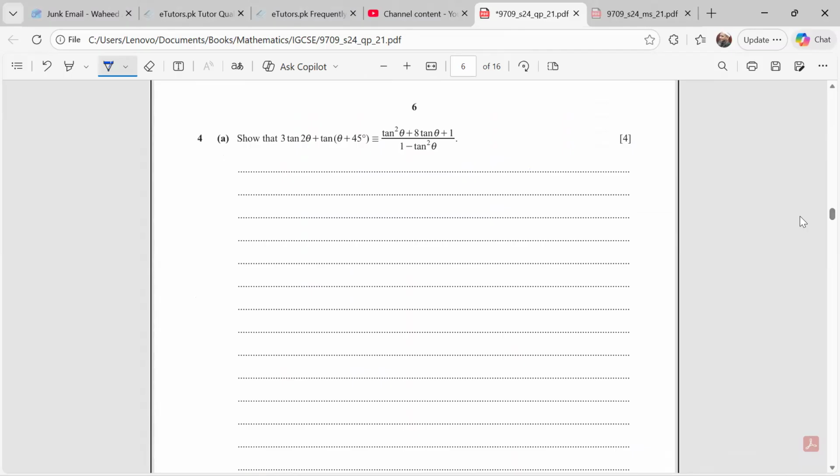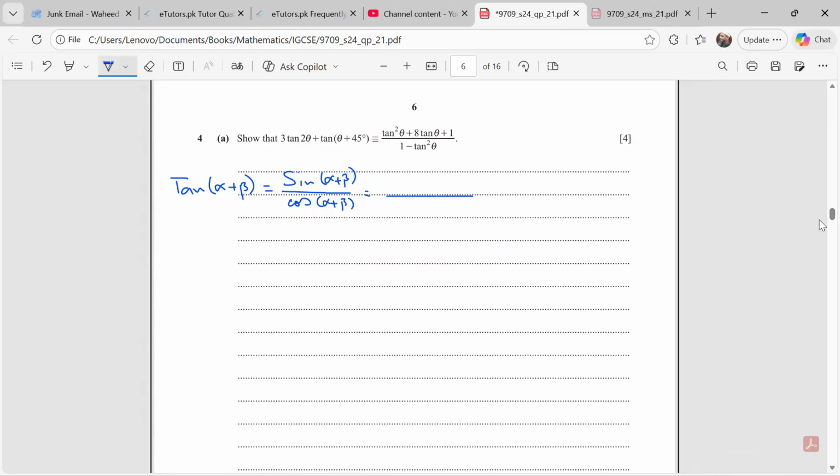Okay, so to prove this identity, I hope you know, or let me derive it again, the formula for tangent alpha plus beta. This is sine alpha plus beta over cos alpha plus beta.